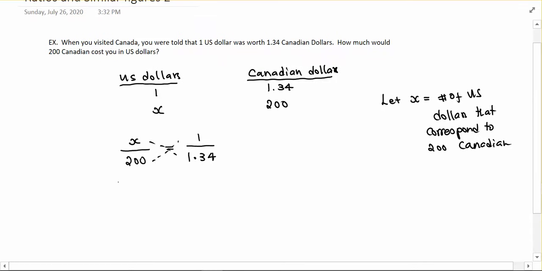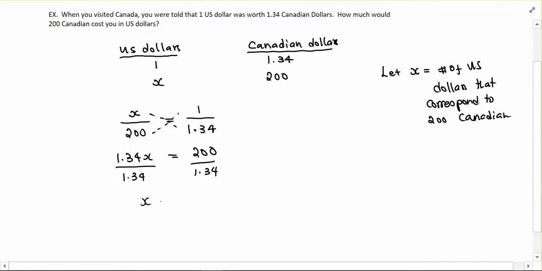So 1.34x is equal to 200, and divide by 1.34: x equals 200 divided by 1.34. Let's see, 200 divided by 1.34 works out to be a decimal that goes on forever. Here is one of those cases where keeping it in decimal form makes sense, because we're talking dollars.